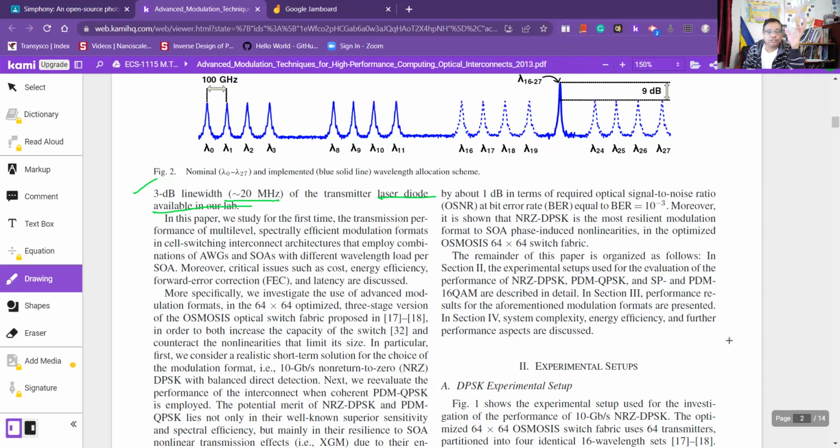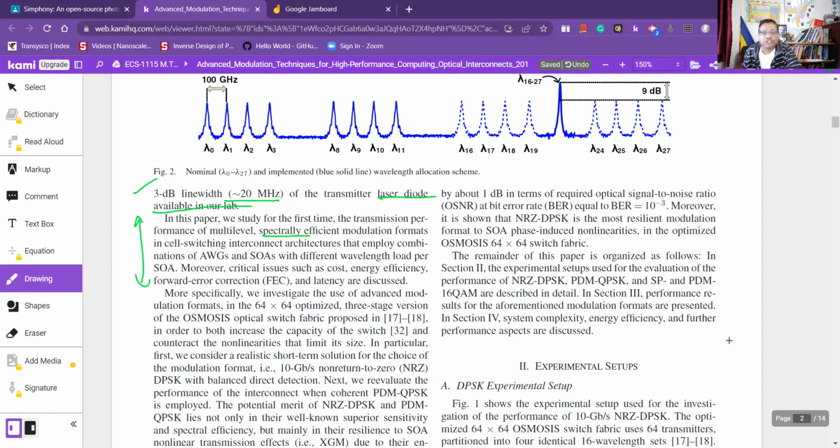Now they have already pointed out what were the limitations in our earlier published work. Now in this paper we study for the first time the transmission performance of multi-level spectrally efficient modulation formats. Spectrally efficient means within the same frequency width, a lot of signal points are there.